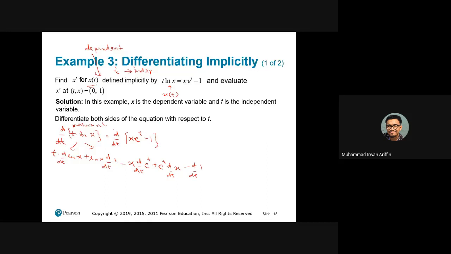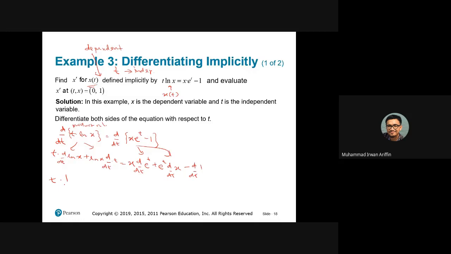So this also involves the product rule. Next is where we need to apply the natural log rule. So how do we differentiate this? First of all, we differentiate this with respect to x.